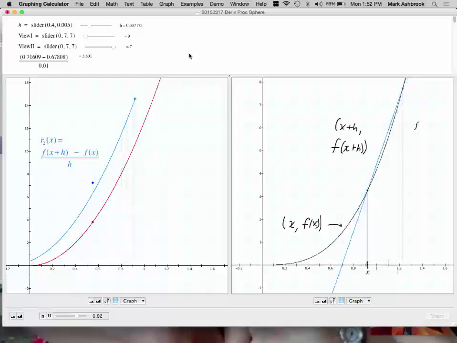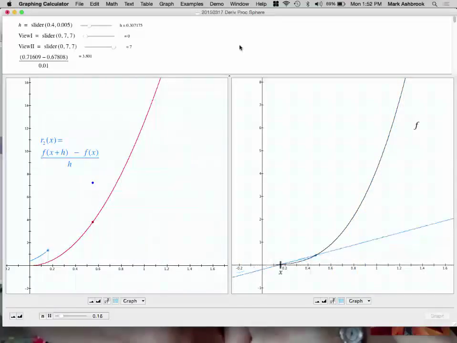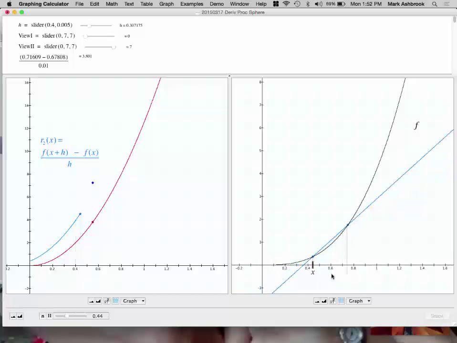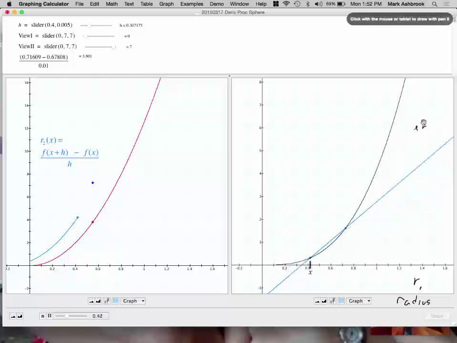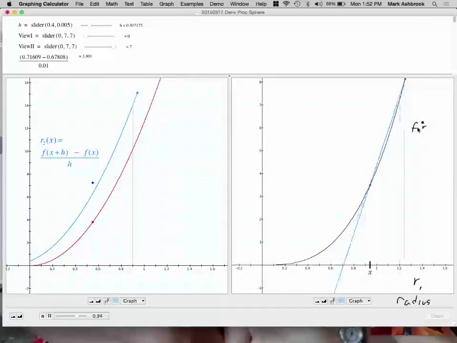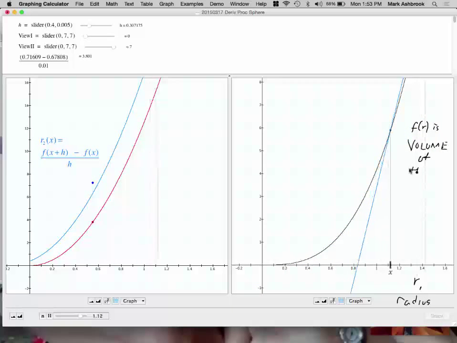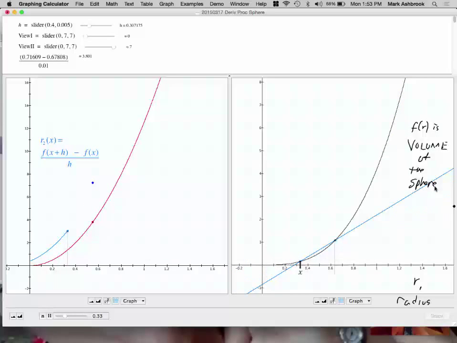All right, so it turns out that this function f that I'm graphing for you here is the volume of a sphere, where the independent quantity is the radius. So if this is radius here, f of r is the volume of a sphere with radius r.